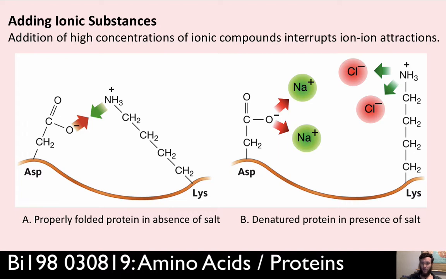And because those charges on the two amino acids have been shielded by all that salt that we've added, the side chain interaction that would be present in the native state has been disrupted, and you've destroyed or compromised or denatured the tertiary structure of that protein.